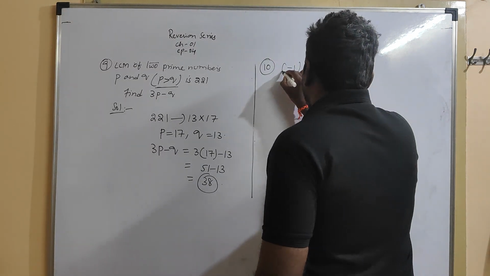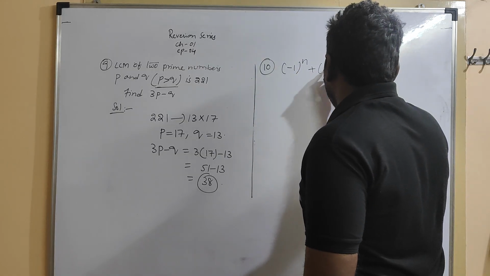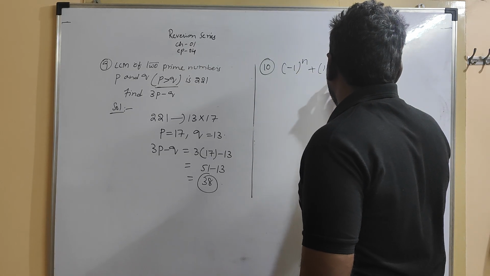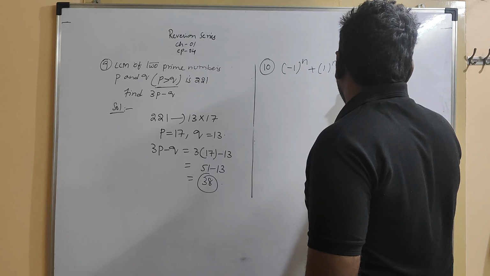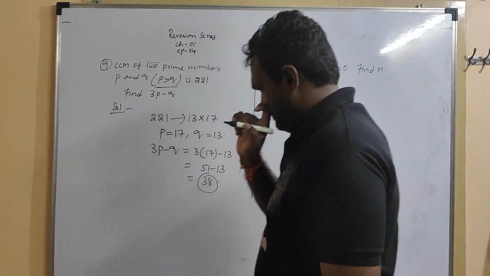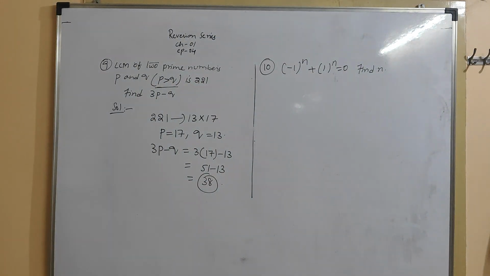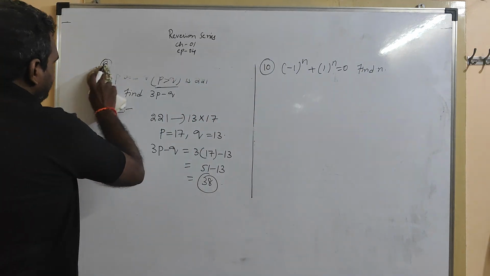Minus 1 whole power n plus 1 power n is equal to 0. Find n. This is the question given. Tell me how to find n.